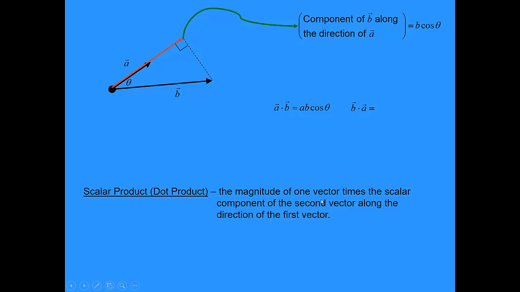Well, using our definition, the magnitude of one vector, since our first vector is B, that would just be B, times the part of A that's in the same direction as B. So we've got to break up A into perpendicular components. See that one? This is the part of A that's perpendicular to B. And that is the part of A that's in the same direction as B.